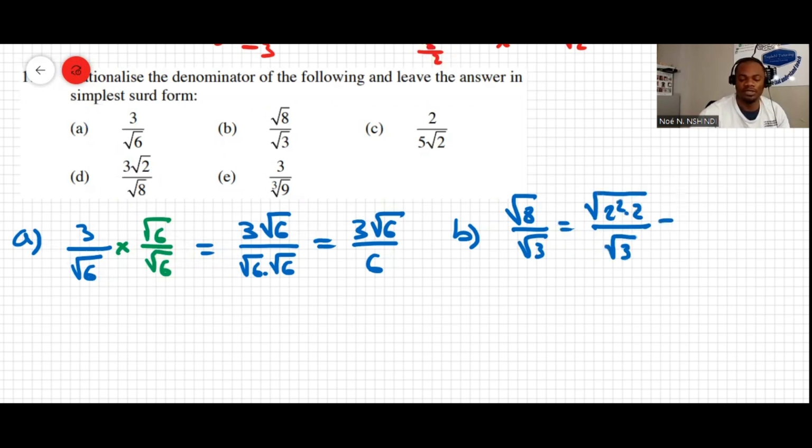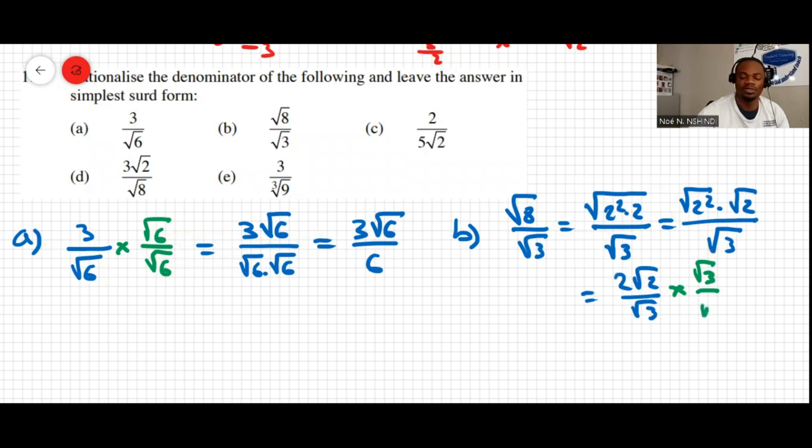And this is root 2 squared times root 2 over root 3, which makes 2 root 2 over root 3. Now, to rationalize this, I'll multiply by root 3 over root 3, which is just 1, and it doesn't change the value of the given expression. This will be 2 root 6, because we multiply the radicands with the same roots, and the denominator will be just 3.